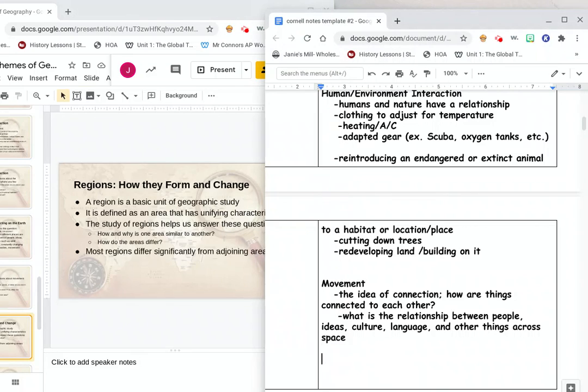The last one to discuss is regions. Regions are human-developed separations of territory. Regions are also a defined area.